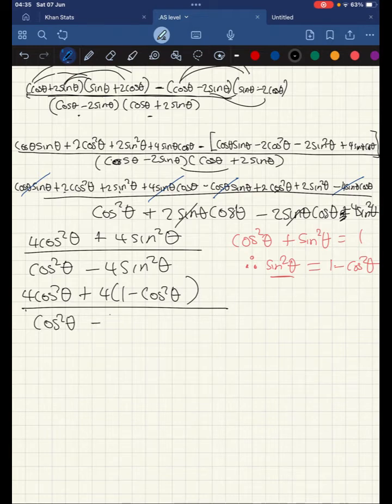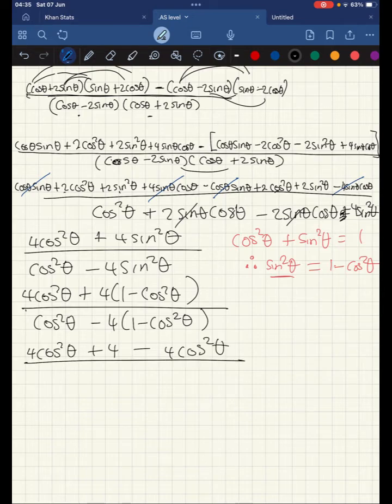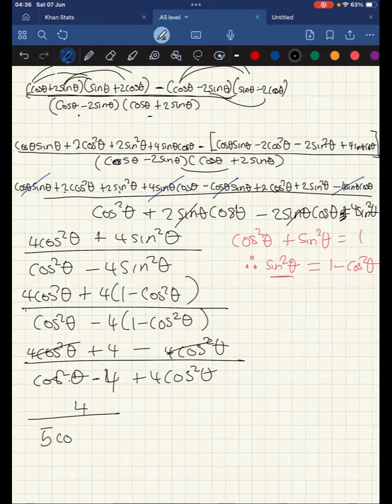This is cos squared theta minus 4, this becomes 4 cos squared plus 4 minus 4 cos squared theta. This becomes cos squared minus 4 plus 4. Right, and this cancels out, and then we're left with 4, 5 cos squared minus 4, which is what we have on the top.